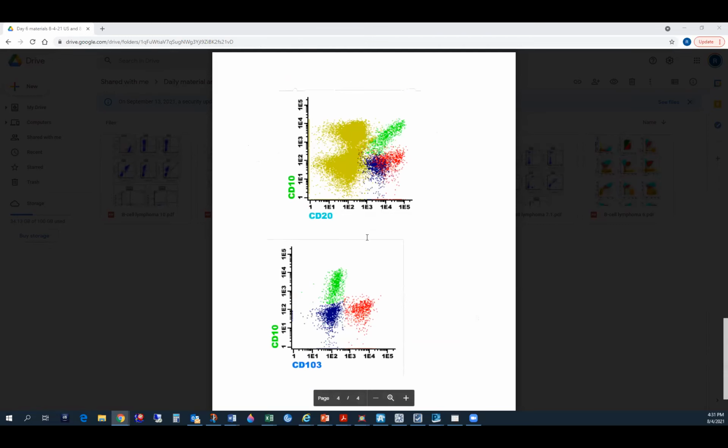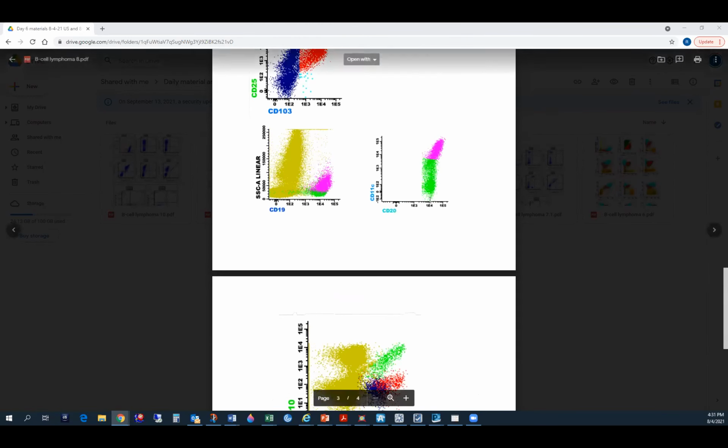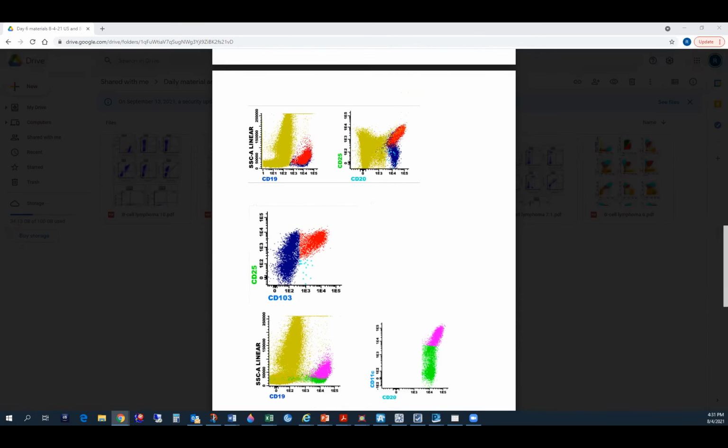It just had 10, 20, and 103. This was the 4th tube to resolve the clones, if they are the same or different. In the regular hairy cell tube, there was no 10. So I don't know if this is the 10 positive population. It does not, because this is what we think is the polyclonal B cells. So this could be that, but I have no way of saying it for sure.